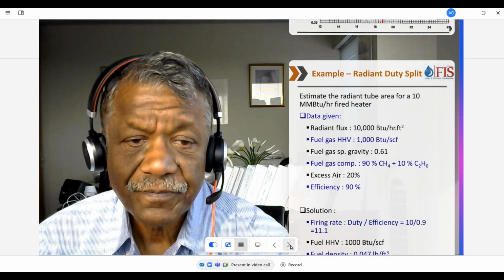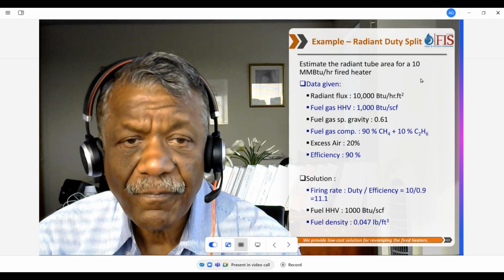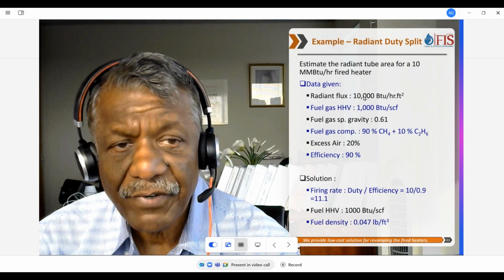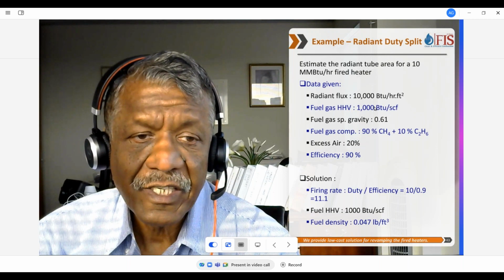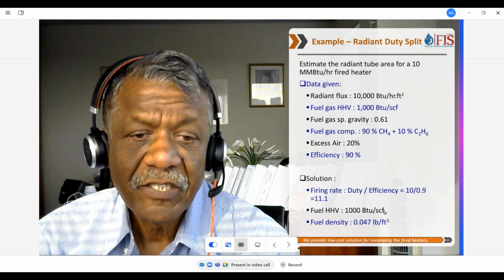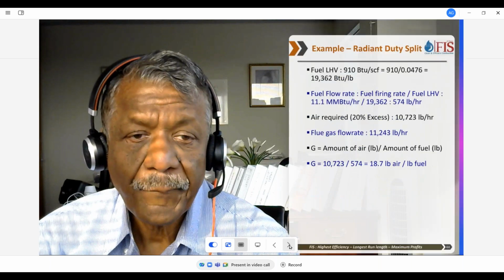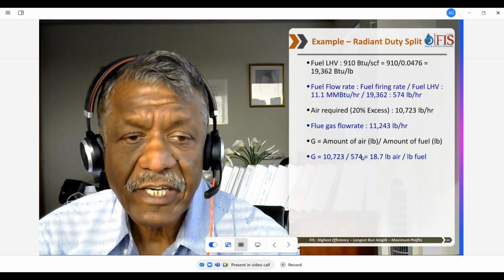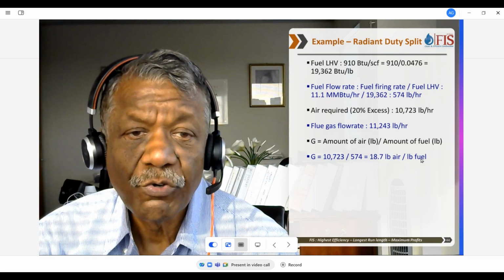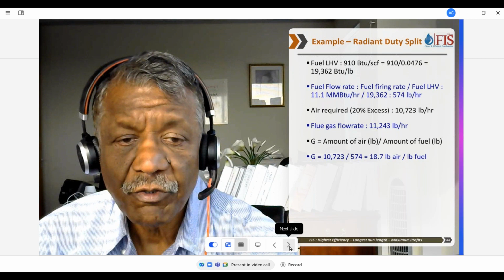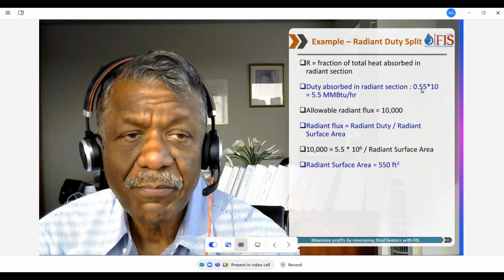So here, this is a small heater, 10 million BTUs, and what they have done is radiant flux of 10,000, efficiency, excess air. They did all this, and by calculating these numbers, they are able to calculate the amount of air per pound of fuel, and using that number, you can calculate your heat absorption, 55%.